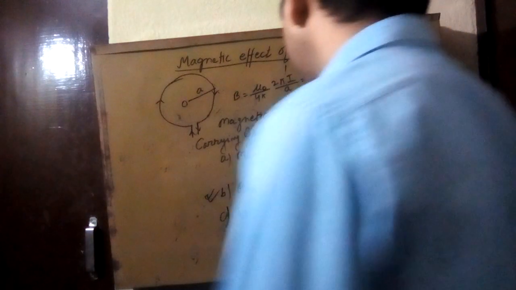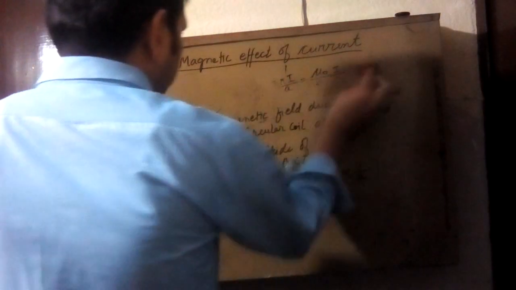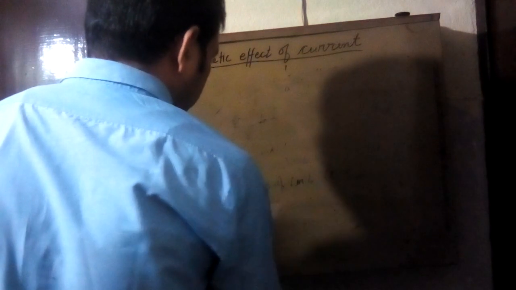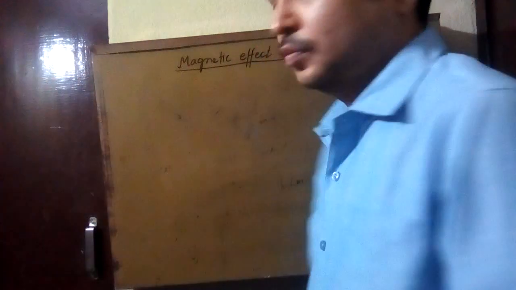Next is about the conductor carrying current. All the things we have discussed about the direction, we have discussed about the magnitude. Now we will discuss certain things which are, you can say, applications of magnetic effect of current.